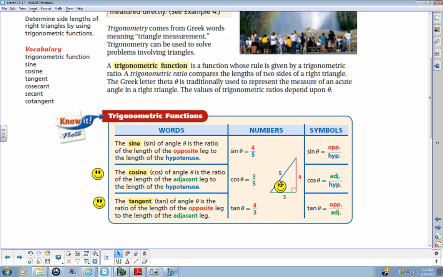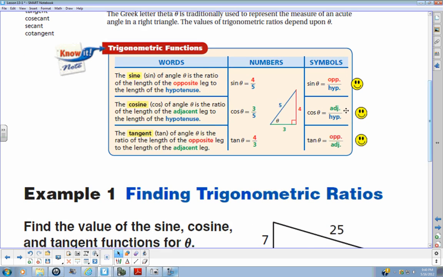The side across from that angle, in this case the 4, is the opposite side. So the sine of theta is equal to opposite over hypotenuse. Cosine is equal to adjacent over hypotenuse. And tangent is equal to opposite over adjacent. Whenever you write the trig ratios, you always have to include the angle, whether it's theta or sometimes x.